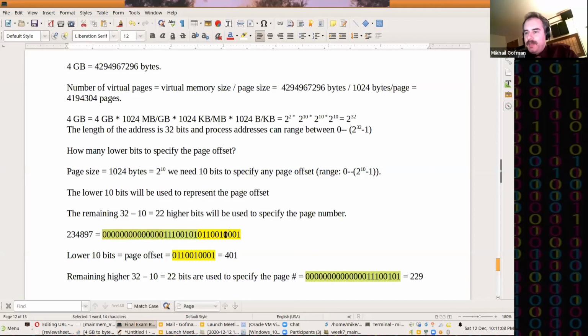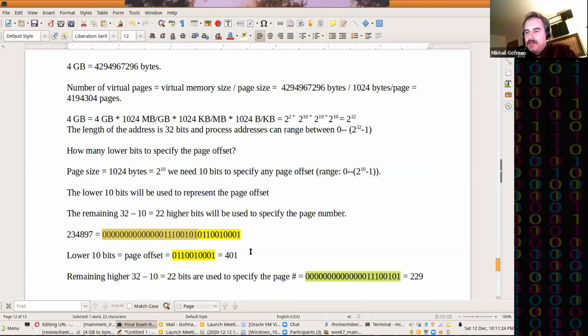Then you take the number of lower bits, which you figured out represent the offset, and you take the remaining higher bits and use them to represent the page number.